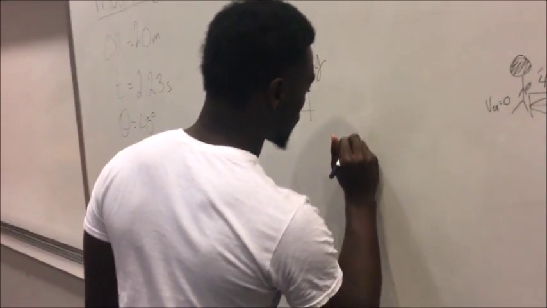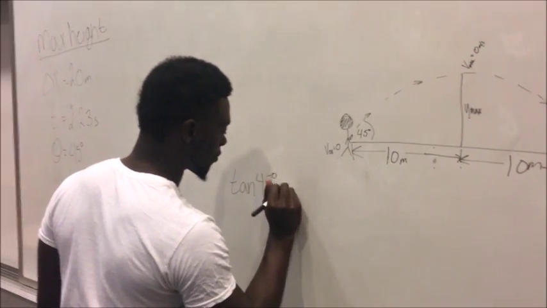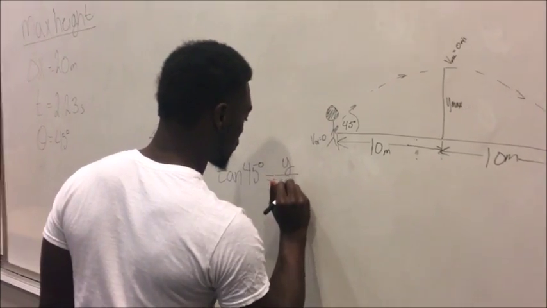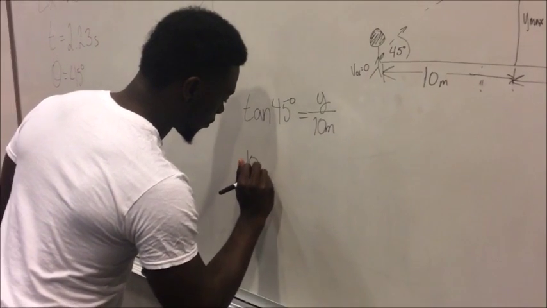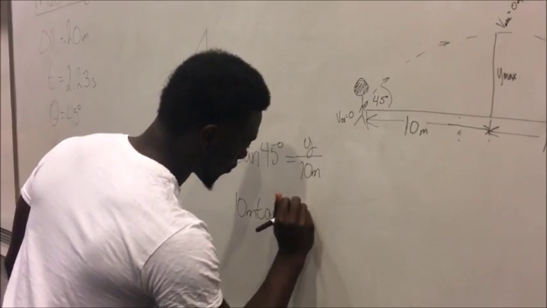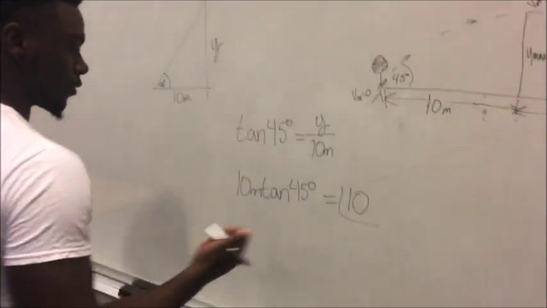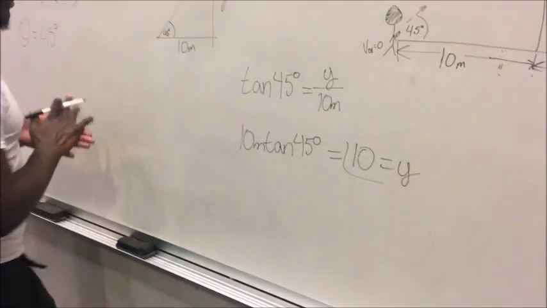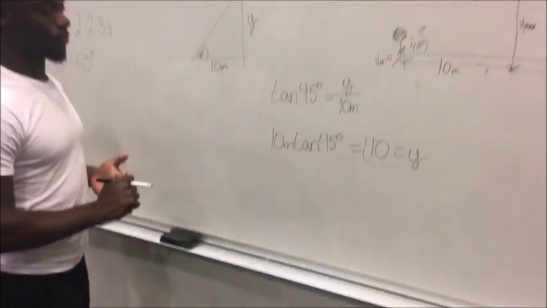It'd still be tangent of 45 set equal to y over 10, and we're solving for y. Using the calculator, we'll figure out that y is actually equal to 10 meters, and that's your maximum height.